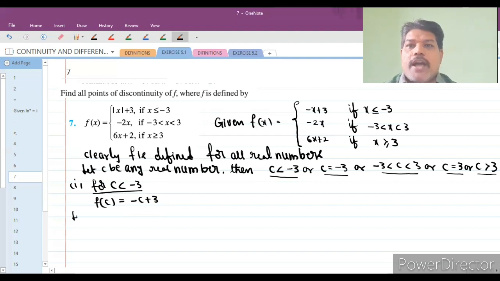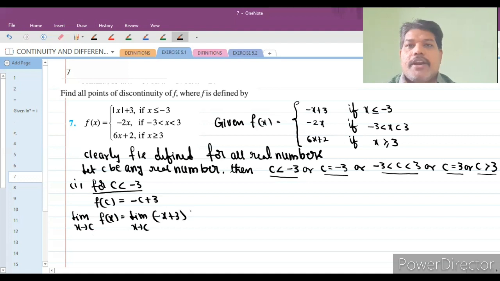And also we have to check the limit as x tends to c of f of x. For c less than minus 3, the f of x value is minus x plus 3.